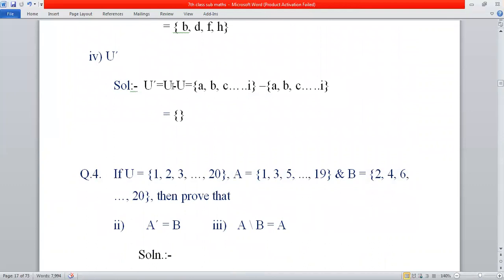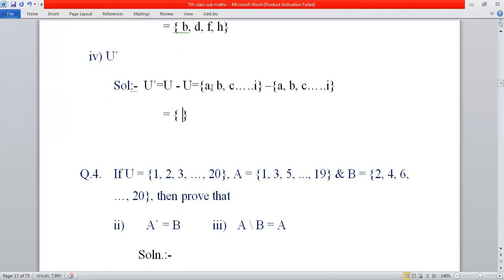So u complement means the universal set minus u. If you find the complement of this, the method is the same, just like we did for x complement, no difference. So for u complement, again we write the universal set minus the universal set.